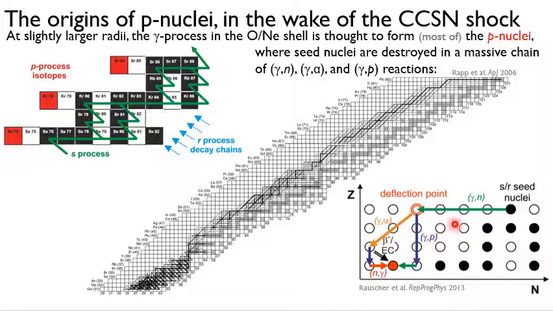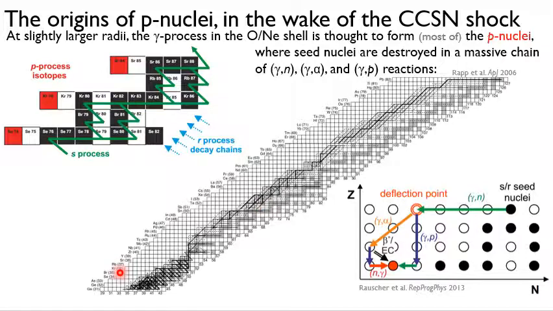So you'll have heavy elements sitting around in the star from a previous generation of stellar nucleosynthesis. This envelope region is heated up, and the photons then bust apart these nuclei to make lighter nuclei. And the reason you care about this is that it's the only way to explain the existence of certain isotopes.